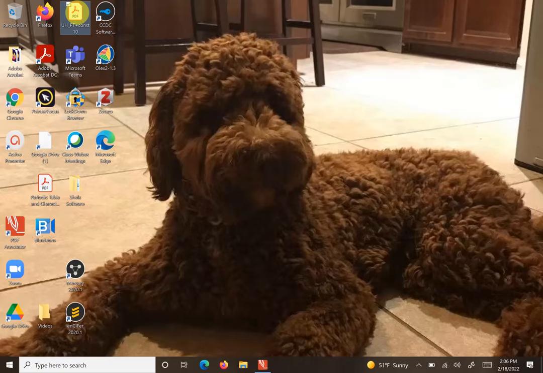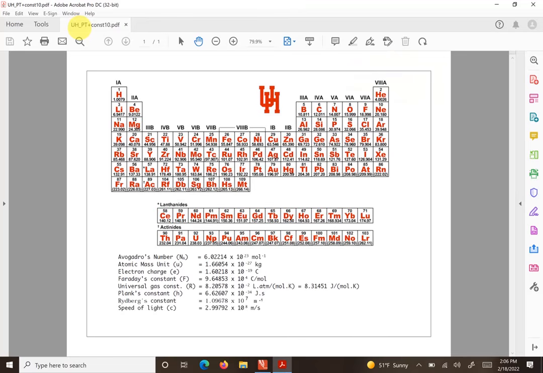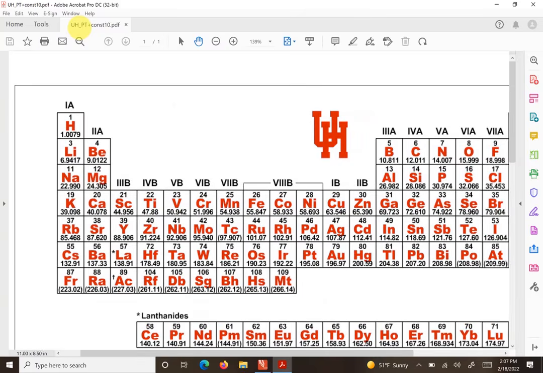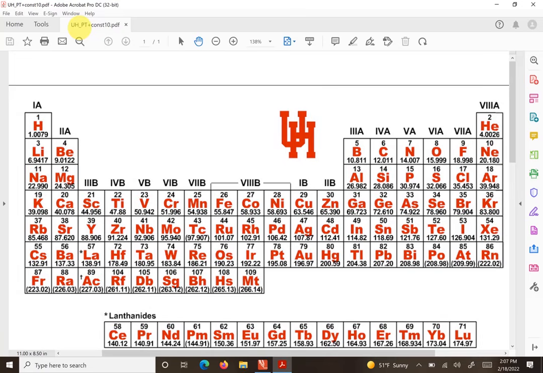There's going to be a few problems where the periodic table comes into play in this review and in this exam. And so the first one would be using the periodic table to figure out the atomic number, the number of protons in the nucleus. All right, so you should become relatively familiar with the periodic table so that you don't have to play a Where's Waldo game every time an element is asked about.